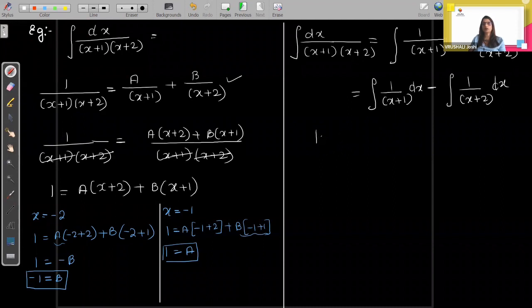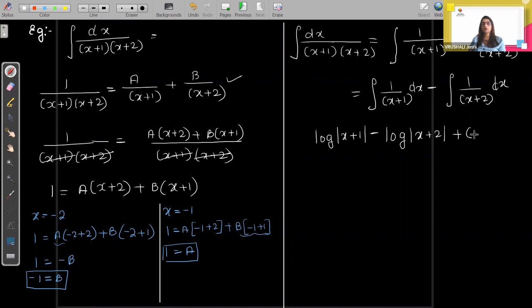Simply this is going to be log of modulus x plus 1 minus log of modulus x plus 2.